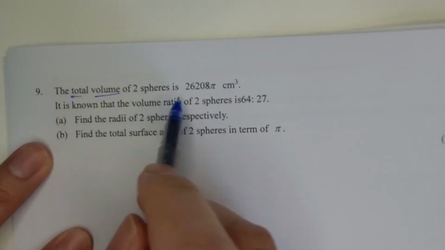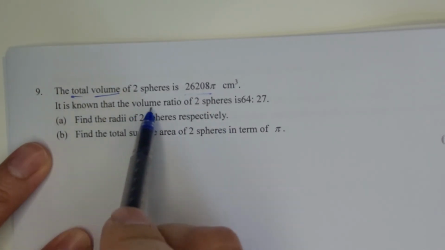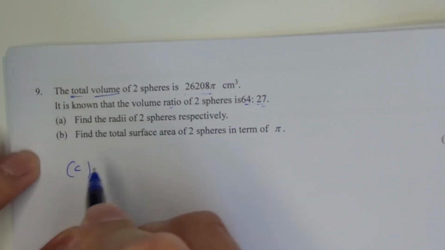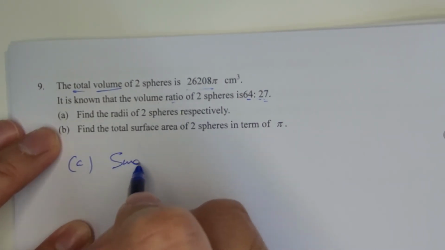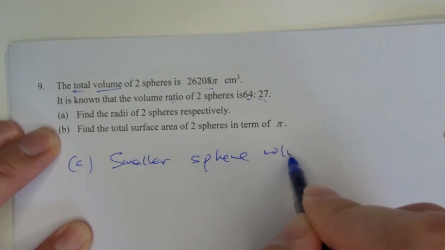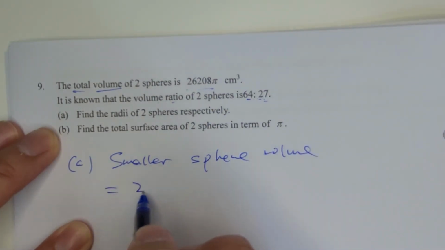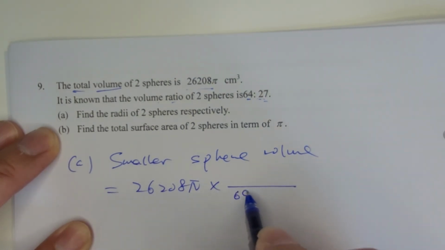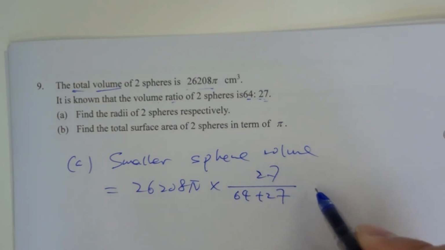Total volume of two spheres is this one. The volume ratio of two spheres is this. So for part A, we can find the smaller sphere volume that equals 26208 pi divided by 64 plus 27, the total volume, and then multiply by 27.